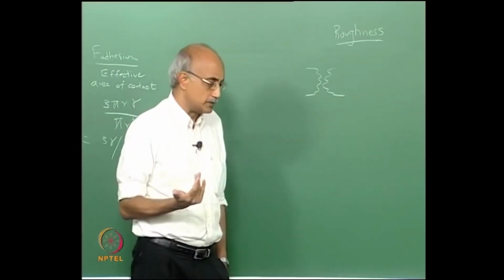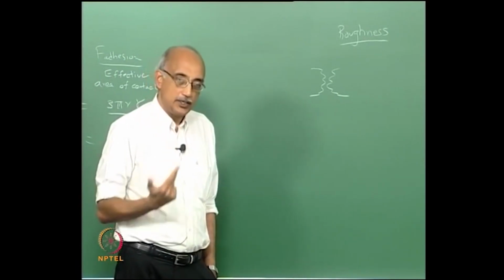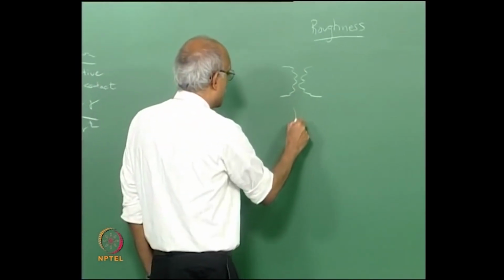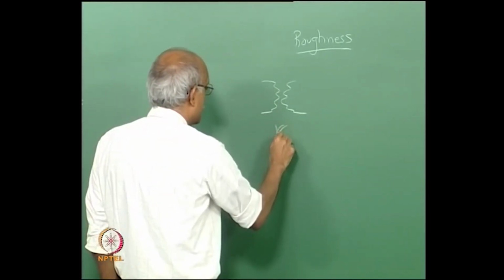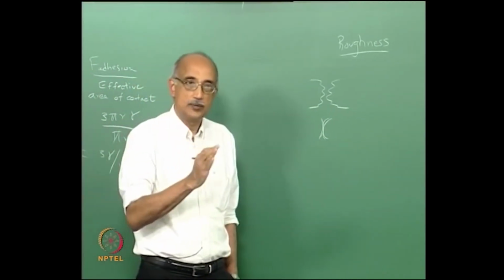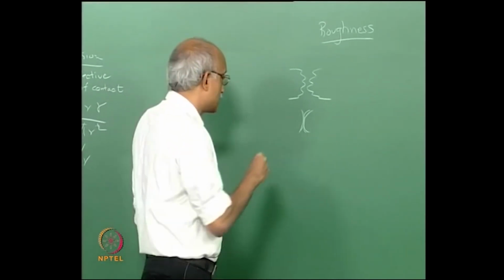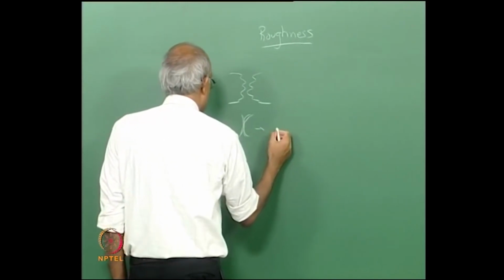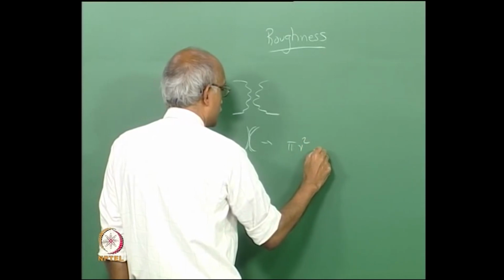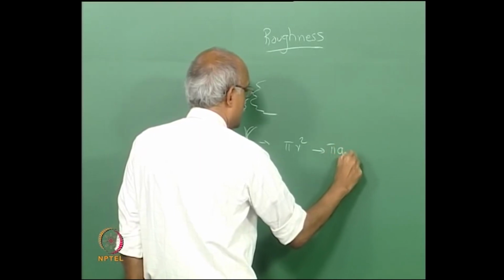In general, roughness has an effect of reducing your area of contact, because instead of contact being between two fairly large contiguous surfaces, now you only have intermittent contact between the peaks in your surface asperities.